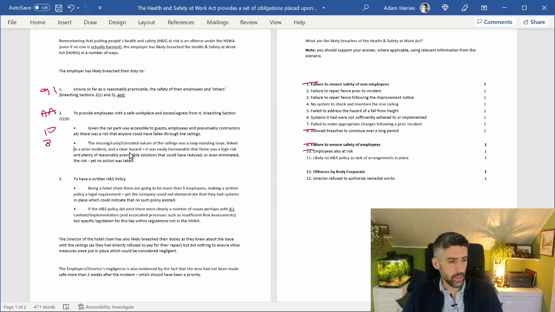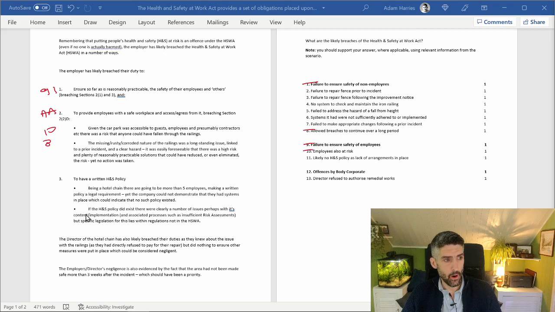The rest of this sub-bullet doesn't really gain any marks. It was easily foreseeable that there was a high risk and plenty of reasonably practicable solutions that could have reduced or even eliminated the risk, yet no action was taken. So there's no further marks available, but still a mark in the bag. So that's 4 marks. Hopefully you can really start to see the value of using supporting information from the scenario to get more marks.